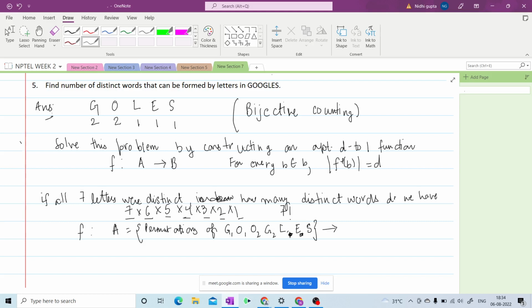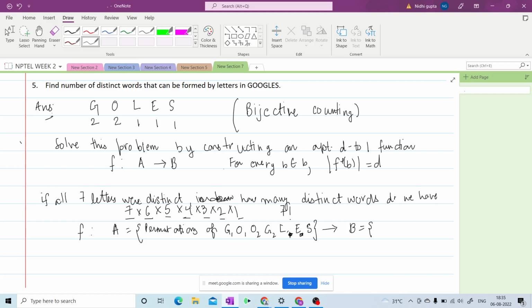So can you suggest a B for this? When we are using this method of bijective counting, one of the sets has to be the set that we want to calculate.